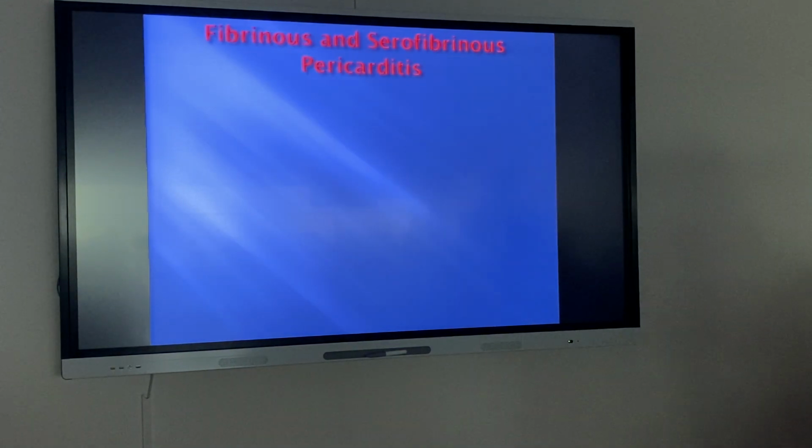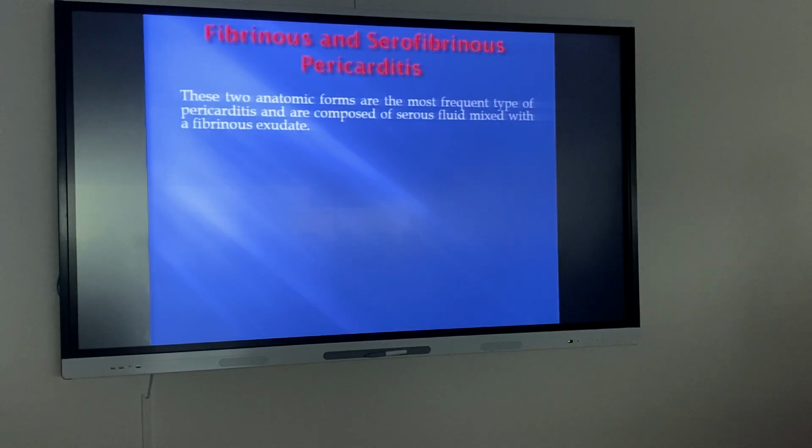Okay. Then serofibrinous or fibrinous pericarditis. This is the second one, pathogenesis: when an excessive amount of protein is also coming with the fluid. There are two anatomic forms, fibrinous or serofibrinous, the most frequent type of pericarditis, composed of serous fluid mixed with fibrinous exudate.